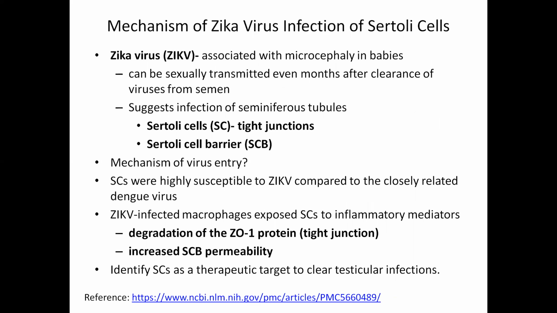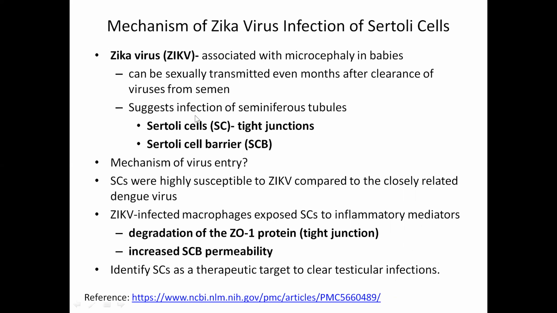So one study that's been recently done was how Zika viruses infect Sertoli cells. So Zika viruses are associated with microcephaly in babies, or babies with small heads. And they found that this virus can be sexually transmitted even months after clearance of viruses from the semen. So months after there's no viruses found in the semen.